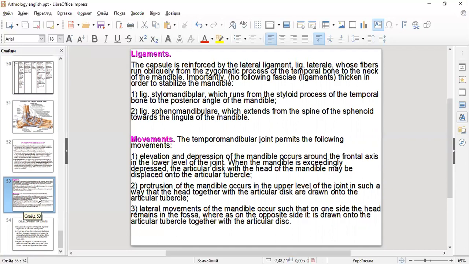Stylomandibular ligament, which runs from the styloid process of the temporal bone to the posterior angle of the mandible. Sphenomandibular ligament, which extends from the spine of the sphenoid toward the lingula of the mandible. And important movements: elevation and depression, protrusion, and lateral movements.